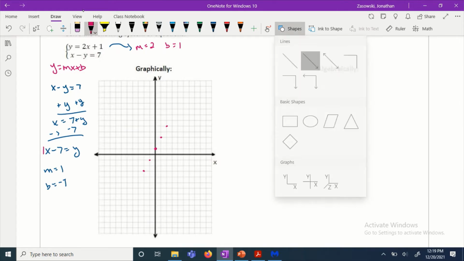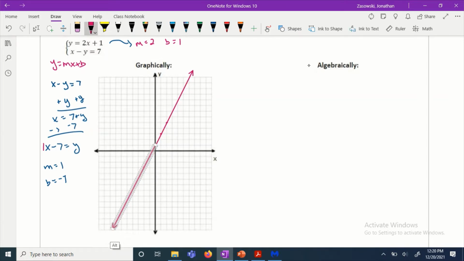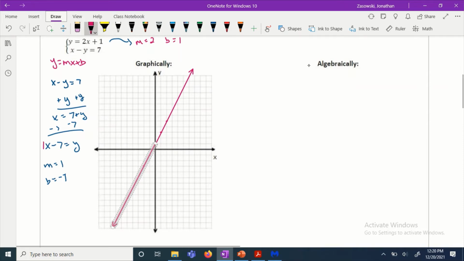And then we can go ahead and take our line and draw that in. You can do this with your straight edge. And there's our first line, and we want to make sure we state the equation. Okay, second line, same thing.